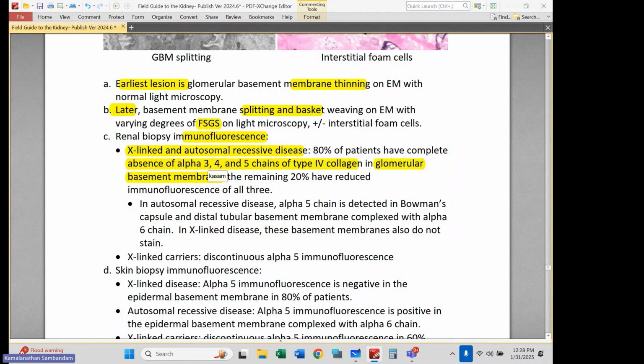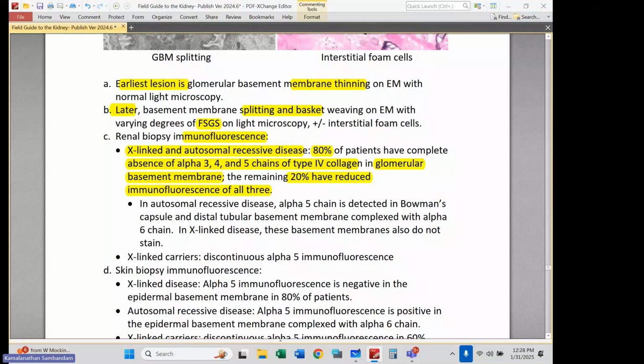That's the most common thing you're going to see. However, in some, you'll see reduced expression, but most commonly you'll see the absence of all three.